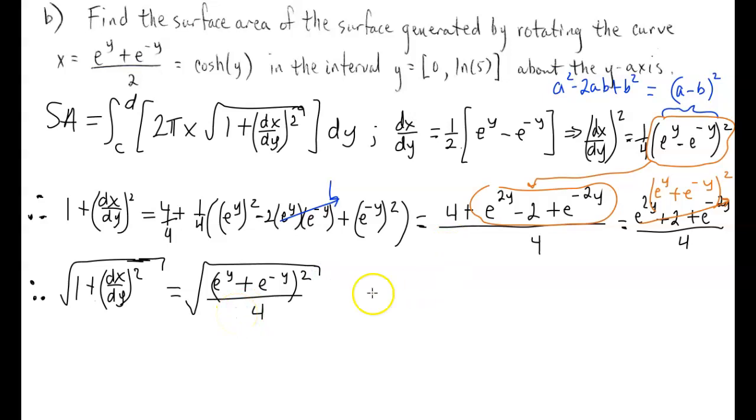Okay? And of course, we could rewrite this as denominator square root of 4, numerator square root of e raised to the y plus e raised to the minus y, quantity squared.